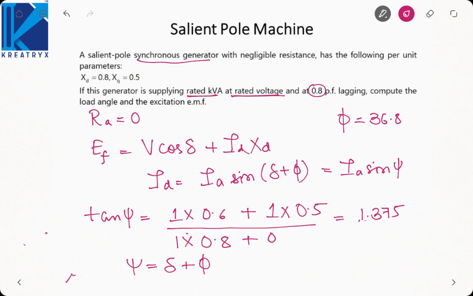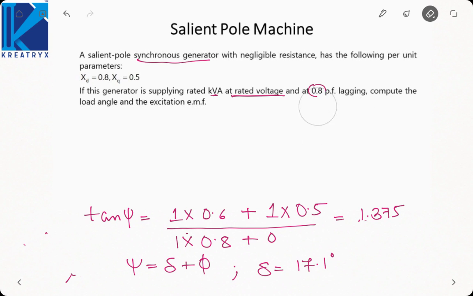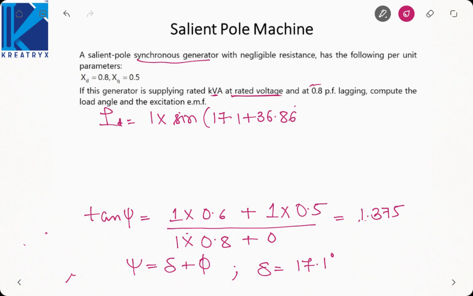Now psi is equal to delta plus phi, where phi will be 36.86, taken as positive because it is lagging. So from here, if you calculate delta, it will be 17.1 degrees. Now in order to calculate EMF, first we need ID. ID is 1 into sine of delta plus phi, that is 17.1 plus 36.86.